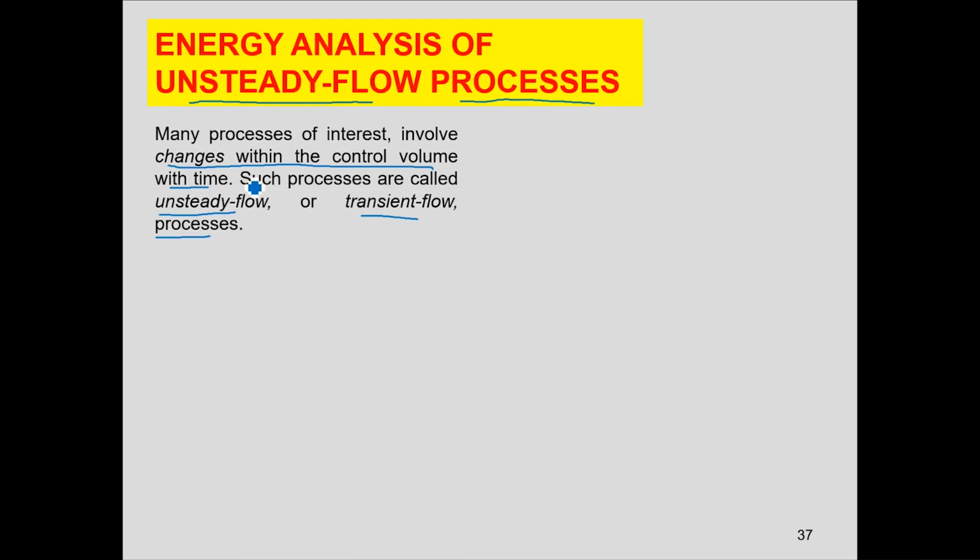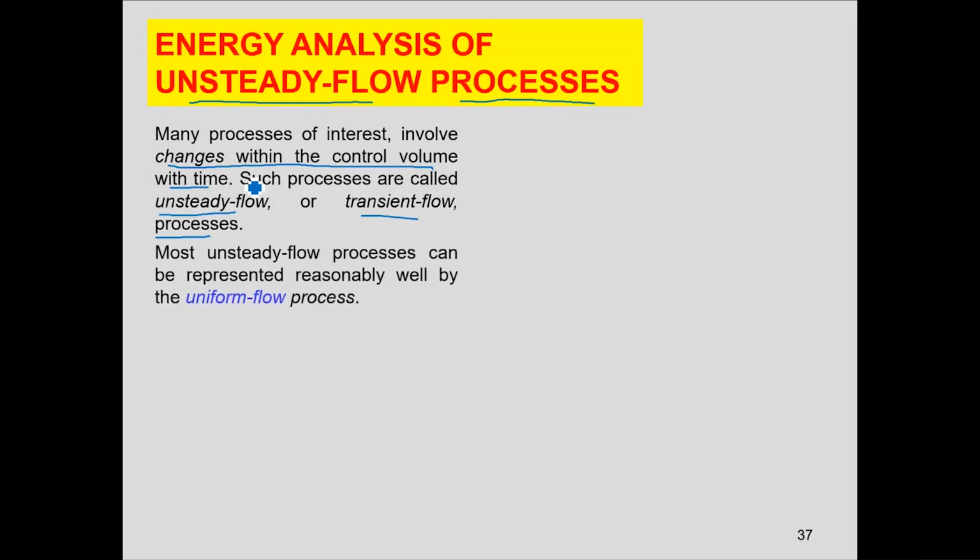We'll deal with a specific case of unsteady flow processes or transient flow processes, which is uniform flow processes. Most unsteady flow processes can be represented reasonably well by uniform flow process. In this process, the properties at the inlet and exit essentially do not change with time.